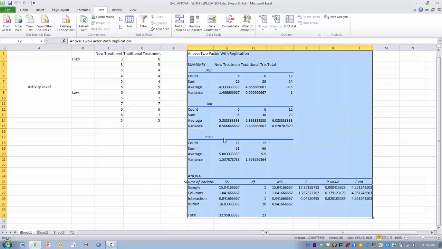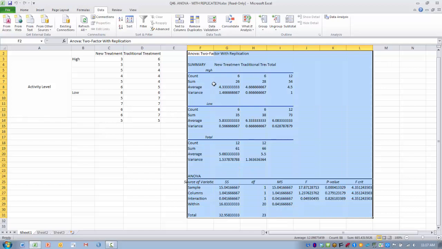Now what we're going to see here are several tables that are arranged for us, and it can look a little confusing at times. But what we'll see here in the columns are the means for each of our two column sets of data. So the two different treatments for a high group and then the low group. So the rows are represented in each of these tables, and then the columns are represented within each of these tables.